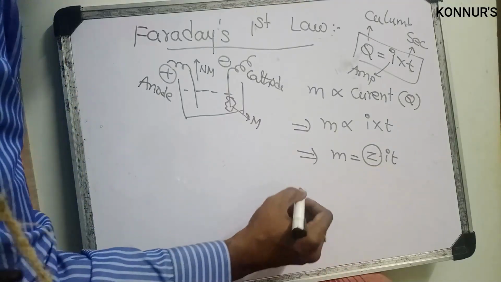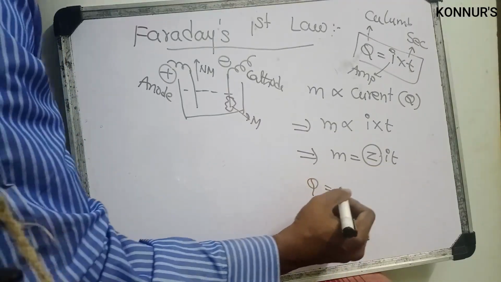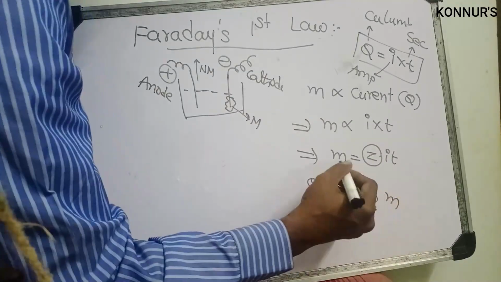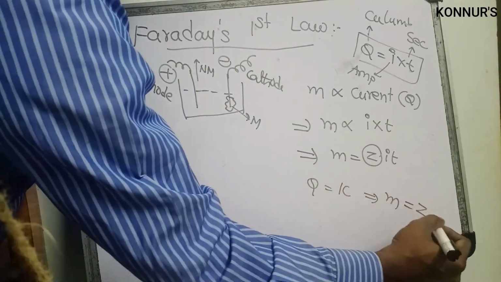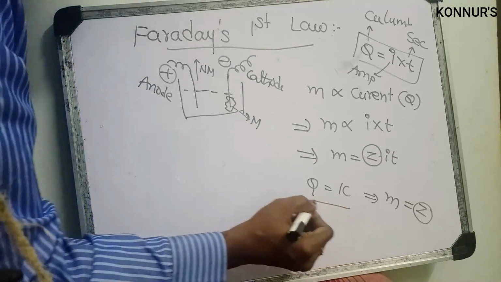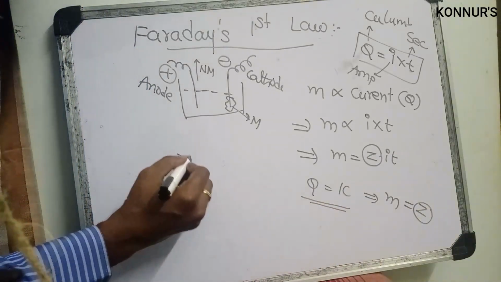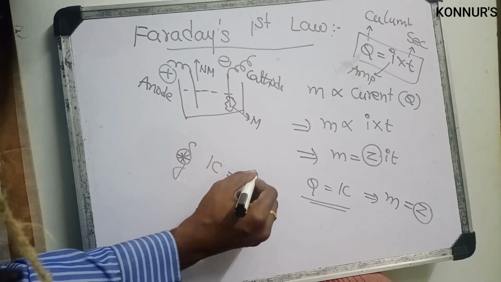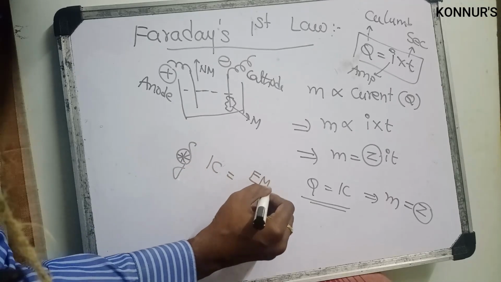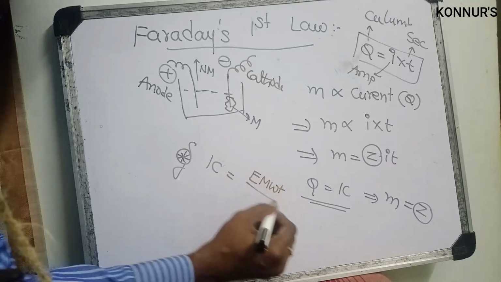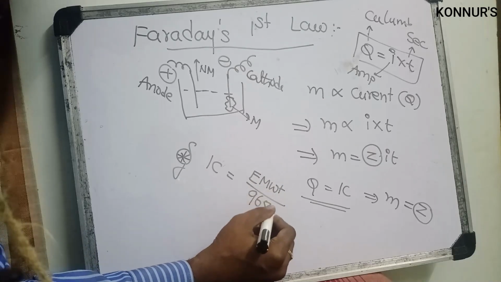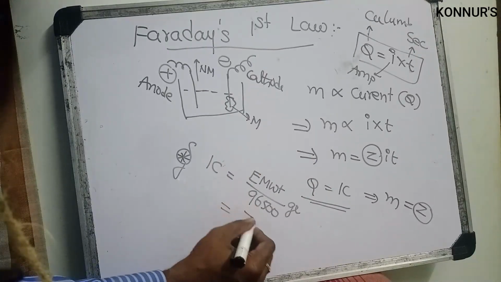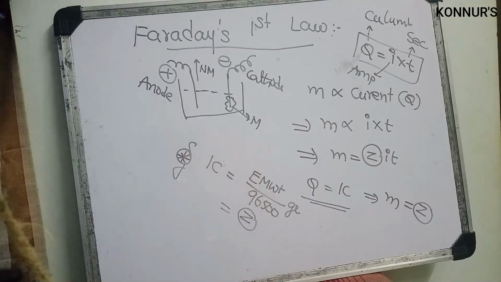So if Q equal to 1 coulomb, then the mass deposited equals Z. We already discussed this one. If we are sending 1 coulomb current, how much is deposited? Equivalent molecular weight by 96500 grams will be deposited. So this is nothing but the Z value.